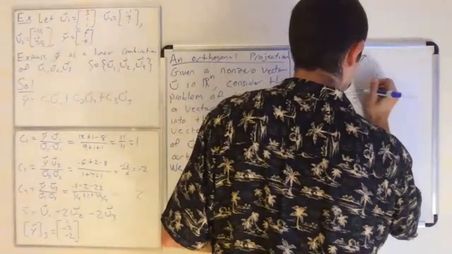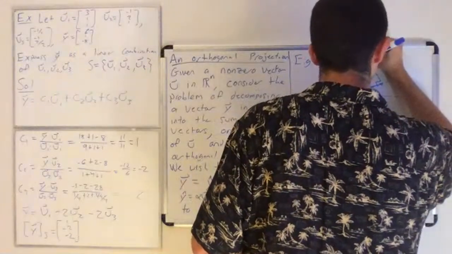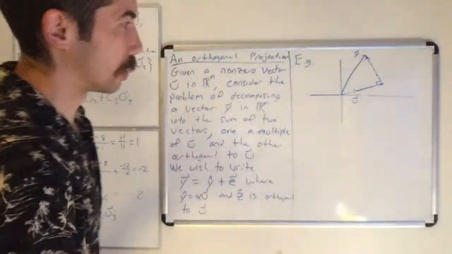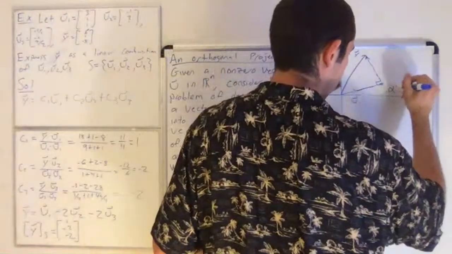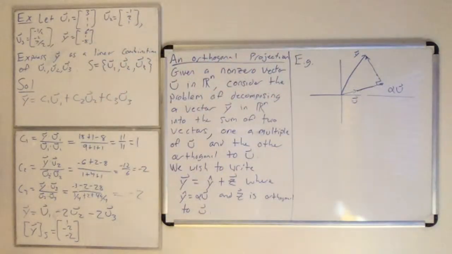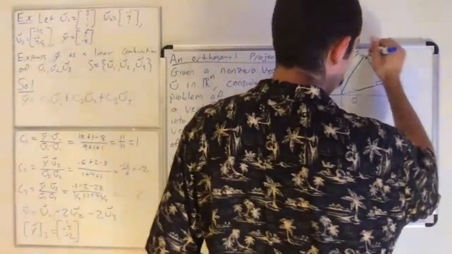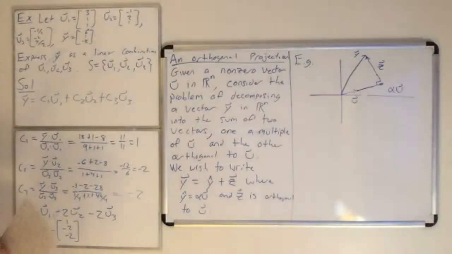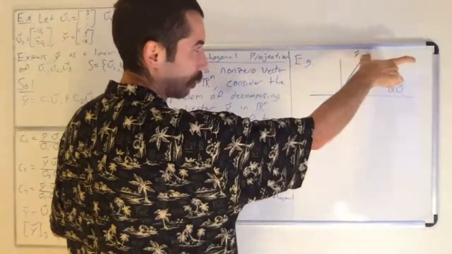This vector here is going to be a scalar multiple of u. This would be the vector alpha u. And then to get from alpha u up to y, we'll add this vector z. Okay, so that's our idea, is we want to figure out what is this vector and what is that vector.